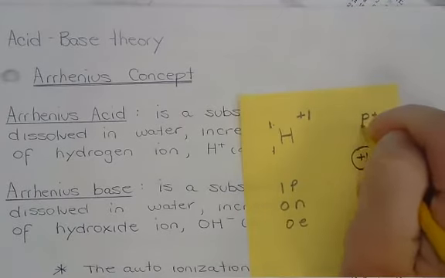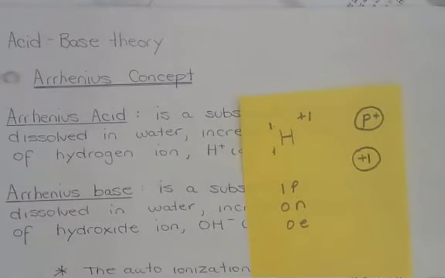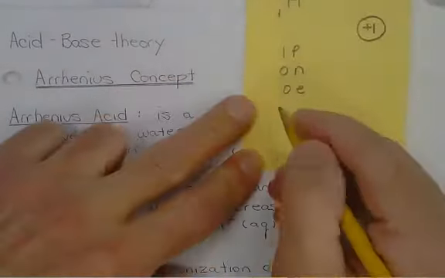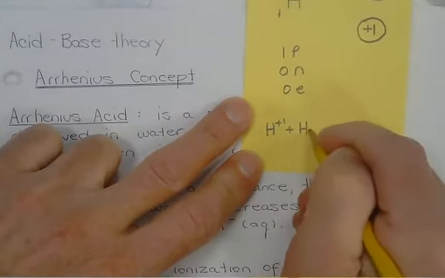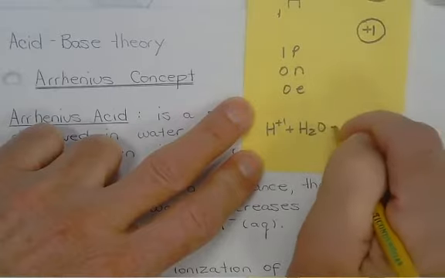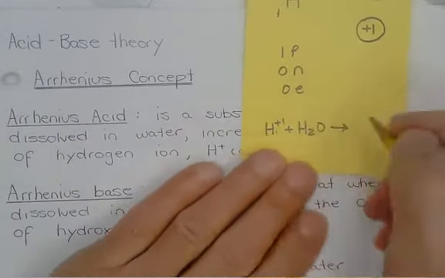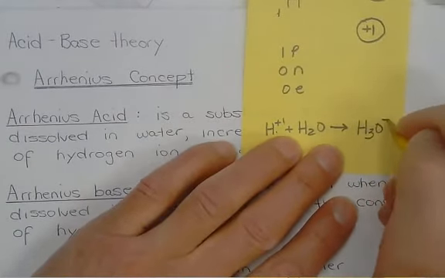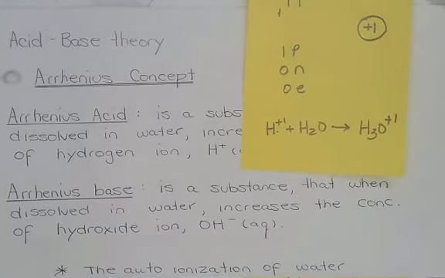Now, in truth, this 1 proton isn't really stable by itself in solution. What's actually happening is the H plus is grabbing on very quickly to a water molecule to make a more accurate representation, which is H plus and H2O makes H3O plus. So this is what most of us consider as the acidic species.